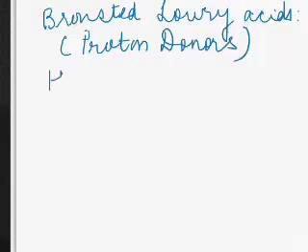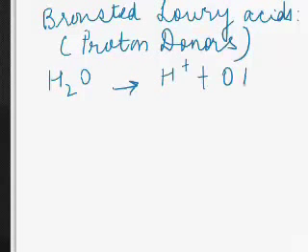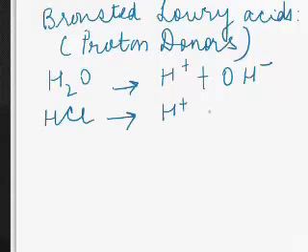First is H2O. It will dissociate into H positive and OH negative. Second is HCl. It will dissociate into H positive and Cl negative, so they are donating protons, as we can all see.